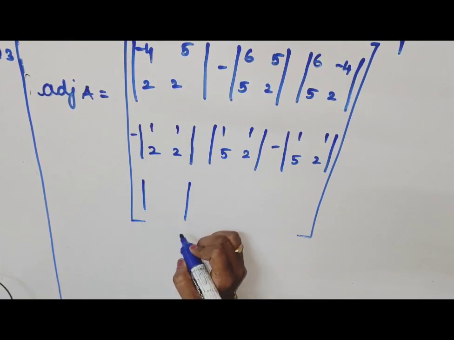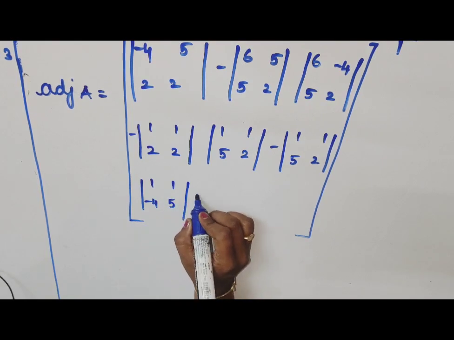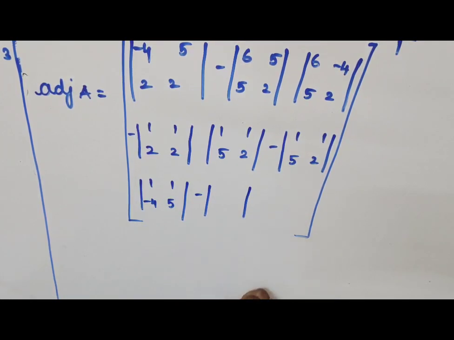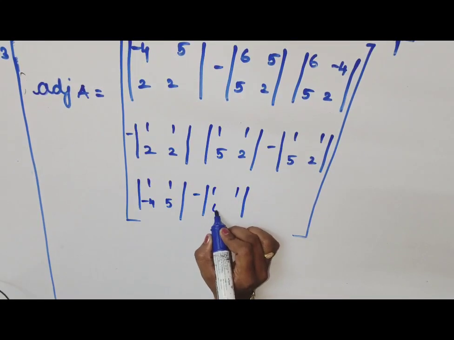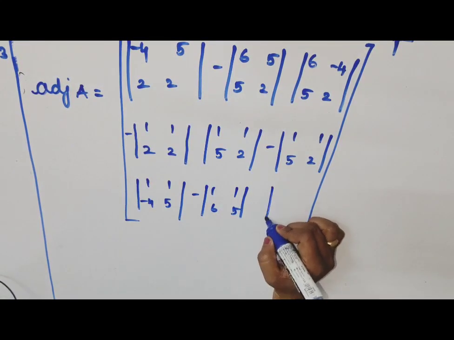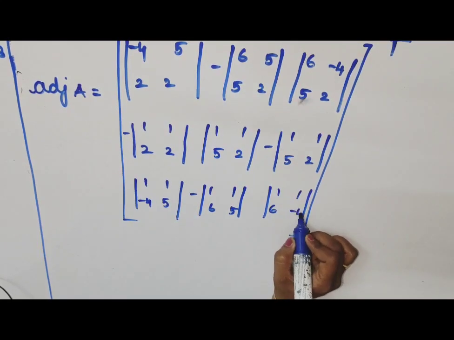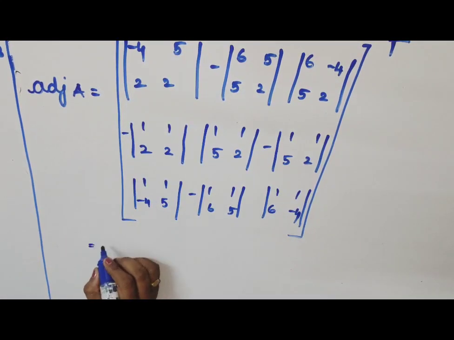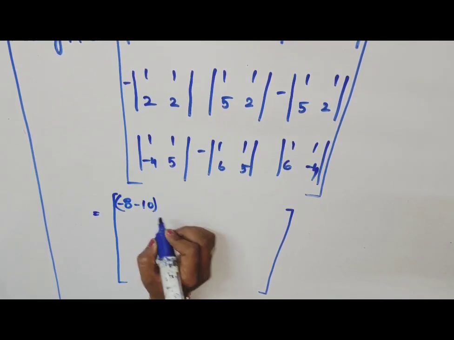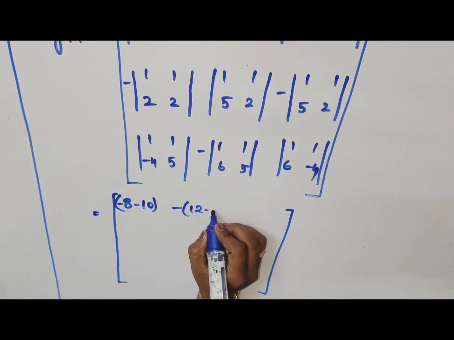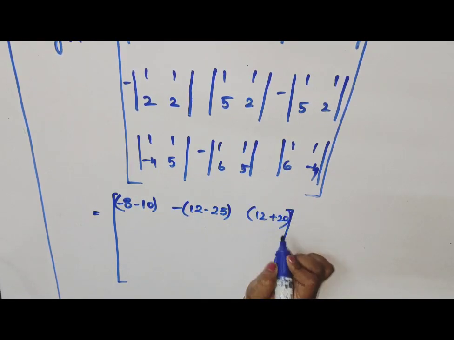The minor for the next term is 1, 1, minus 4, 5. By default, we will have one minus and the minor is 1, 1, 6, 5. And the minor for the last term is 1, 1, 6, minus 4. So we will simplify. 4 2s are 8, minus 8 minus 10, minus of 12 minus 25, 6 2s are 12 plus 20.